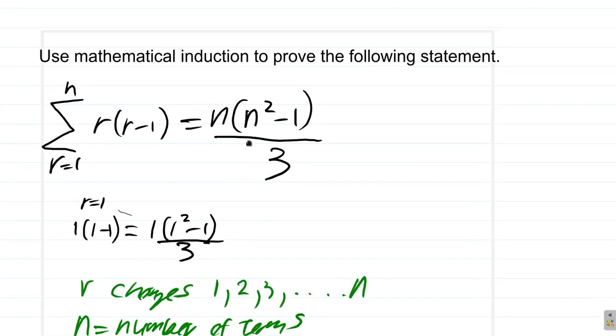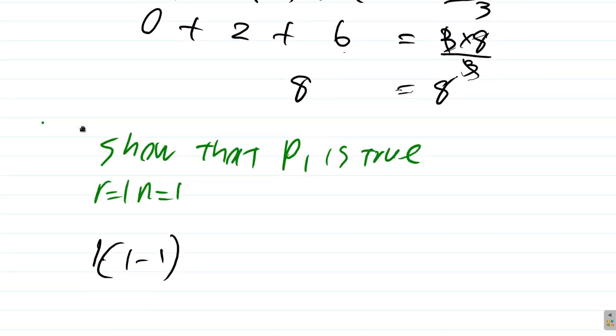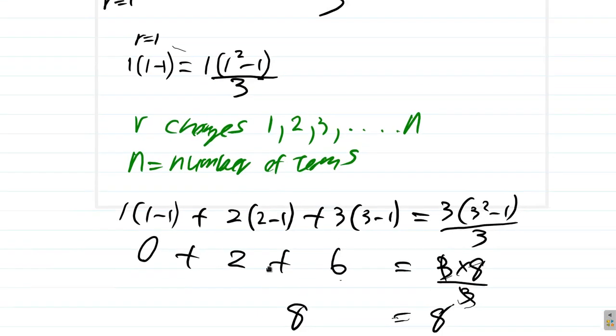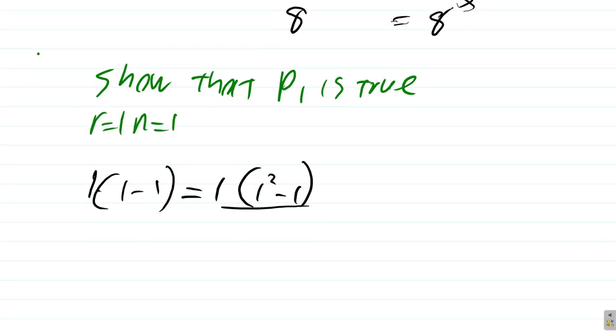One times 1 minus 1 is equal to 1 squared minus 1 over 3, times 1. So here, this part will be 0 equals 0. So you say P1 is true.